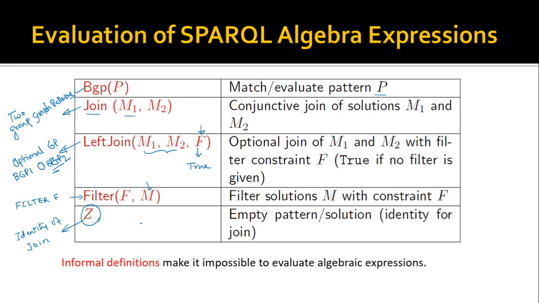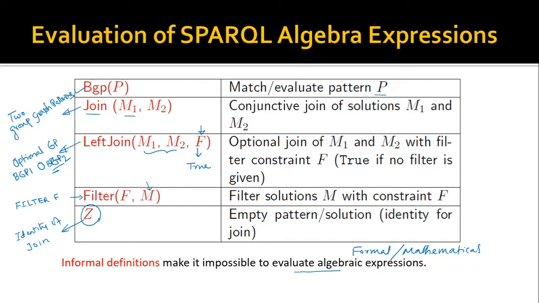Now we'll try to provide formal definitions of these algebraic expressions, because these informal definitions really do not tell us how to evaluate one algebraic expression. So we need to have a formal or mathematical definition of these operators.